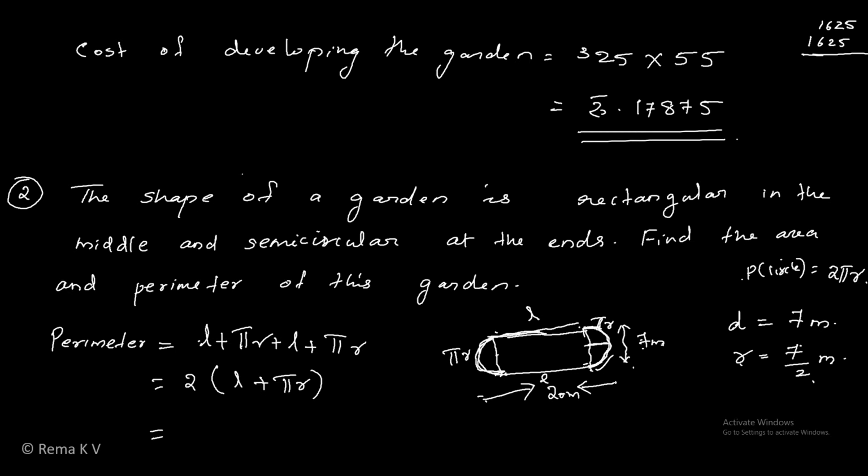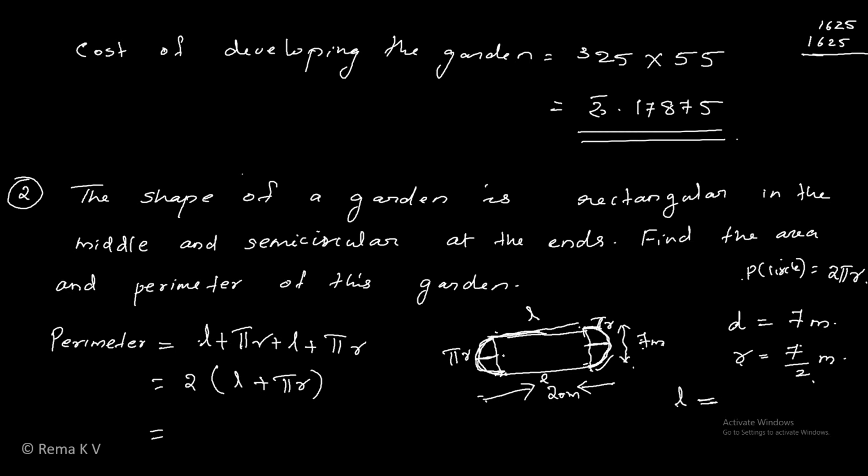The total length is given as 20 meter. So how can you find the length of the rectangular part? See, here it is 7 by 2, here also it is 7 by 2.